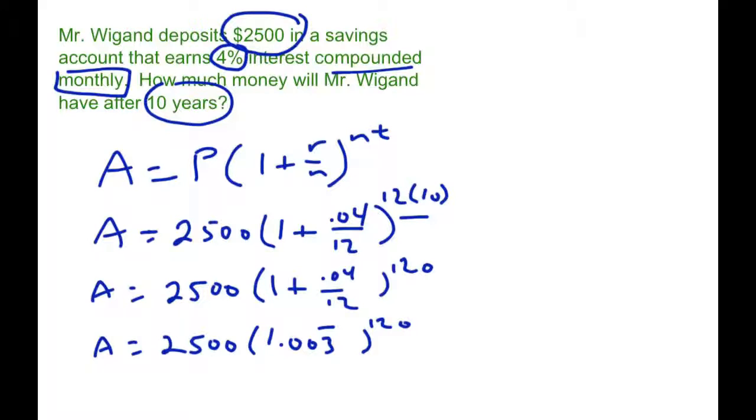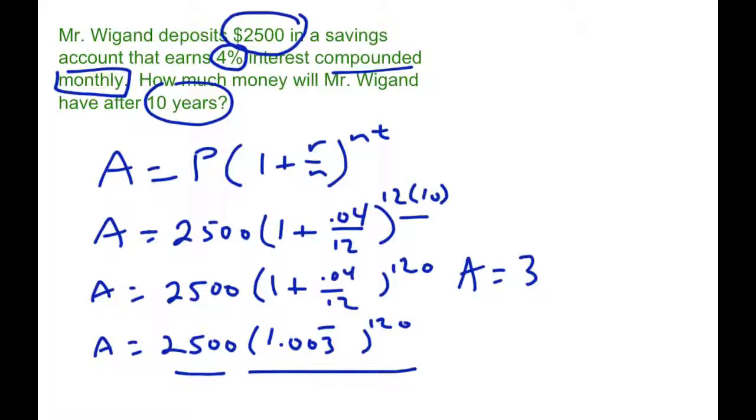Okay. Now, while I have that number on my calculator screen, I'm going to multiply that by 2,500 because I've taken care of all this. Now I just need to multiply it by 2,500. And I'm going to round my answer to the nearest hundredth place because we're talking about money.